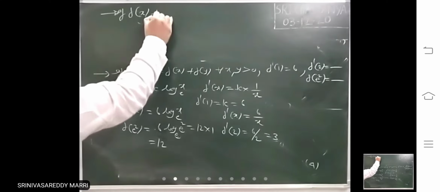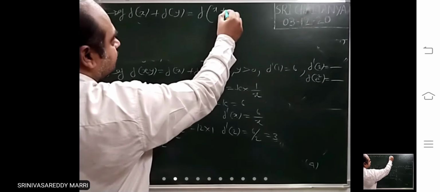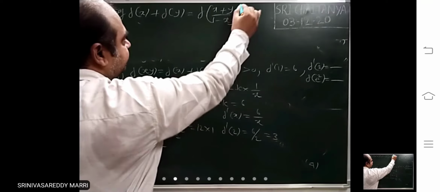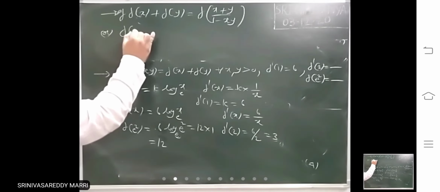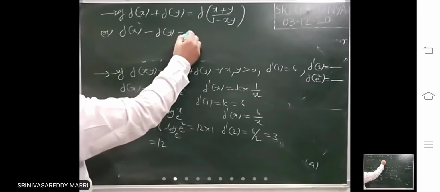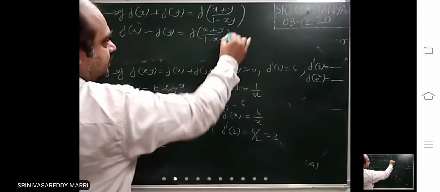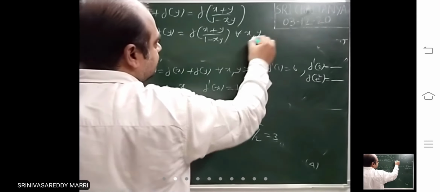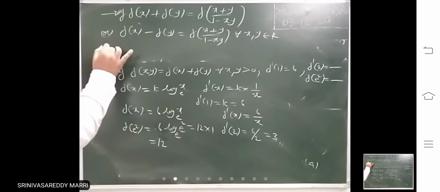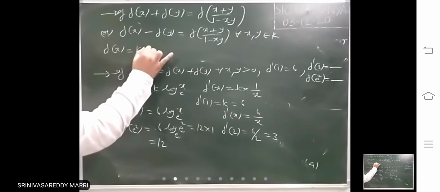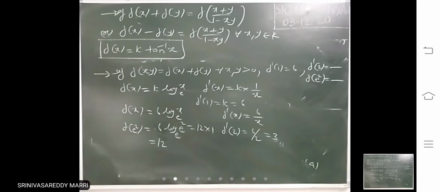Suppose a function is like this: f of x plus y equals f of x plus f of y divided by 1 minus xy, or it is satisfying f of x minus f of y over 1 plus xy, any equation like this, then the formula is f of x equals k tan inverse x. K tan inverse x is the formula.